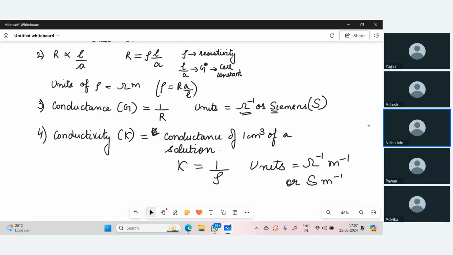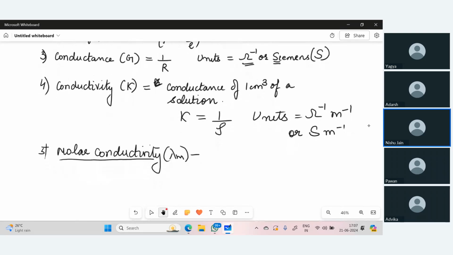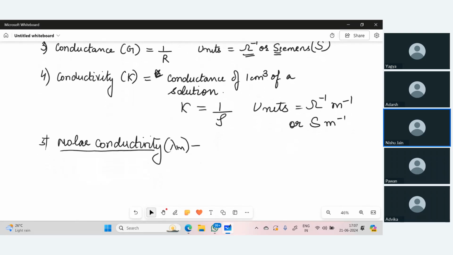Then I will tell you the next term, which is molar conductivity. Now next is molar conductivity. As the name suggests, molar conductivity.